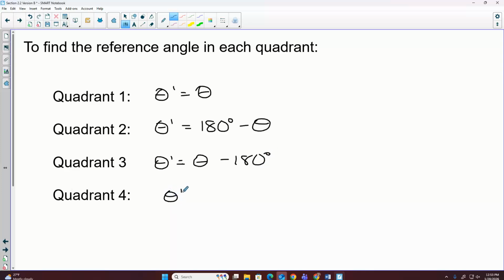And in quadrant 4, we subtracted from. So you're always subtracting with 180 or 360.